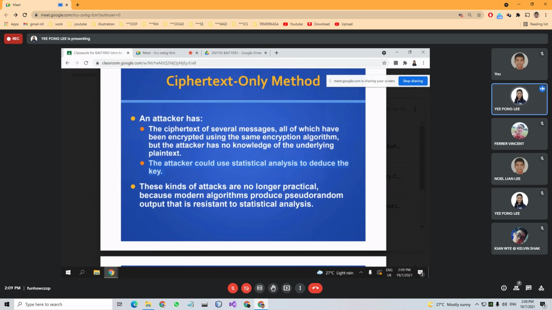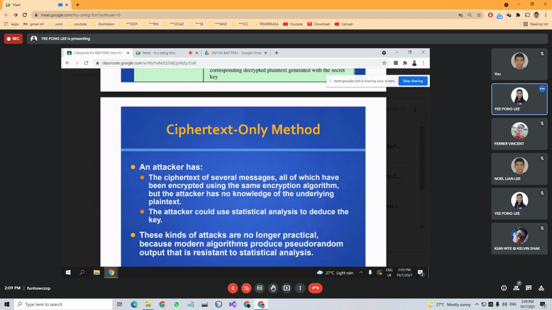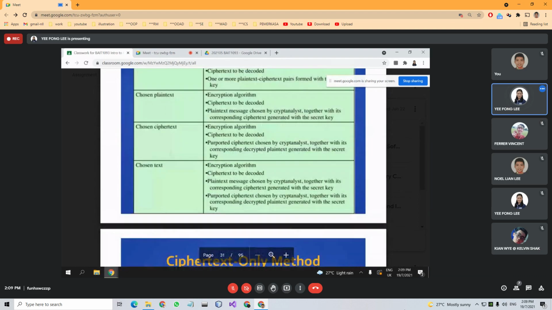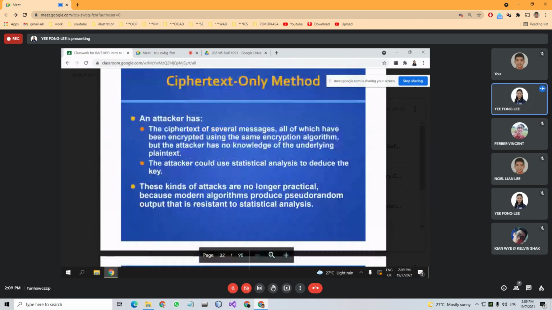What is the cryptanalyst's job on a ciphertext only method? They will try to recover the plaintext of as many messages as possible.